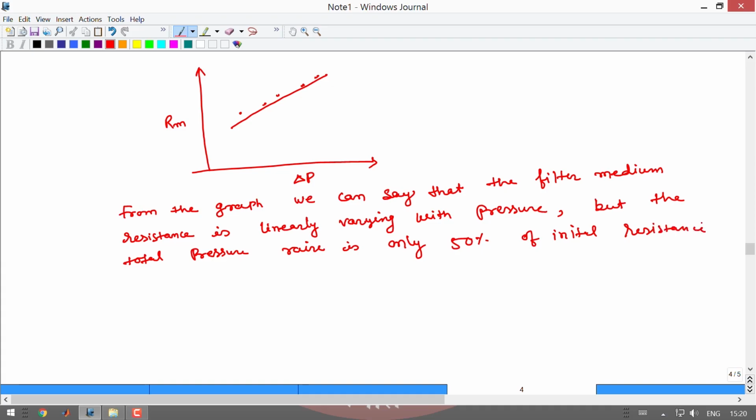But in this case, if you see the table, pressure rise is almost 6 to 7 times from the initial value.